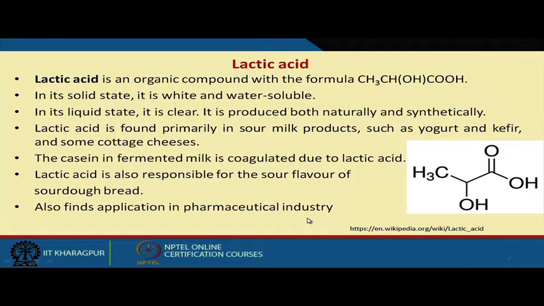Particularly, I want to point out here that polylactic acid has tremendous potential in the pharmaceutical industry. If we look at internal operations, in the early days we usually used nylon thread for any kind of stitching purpose.